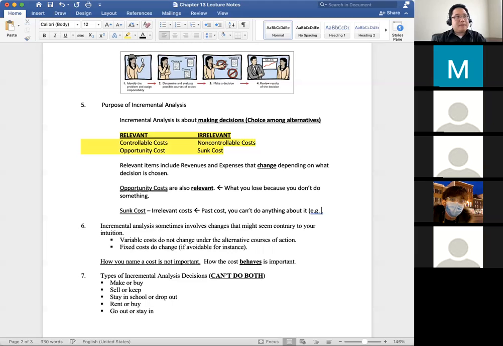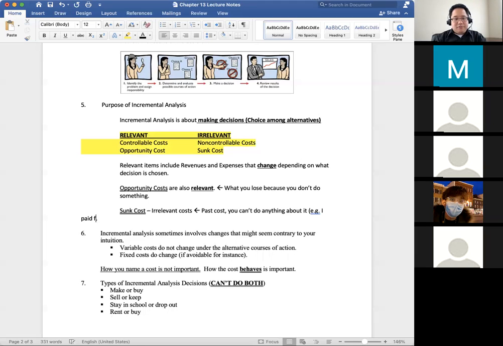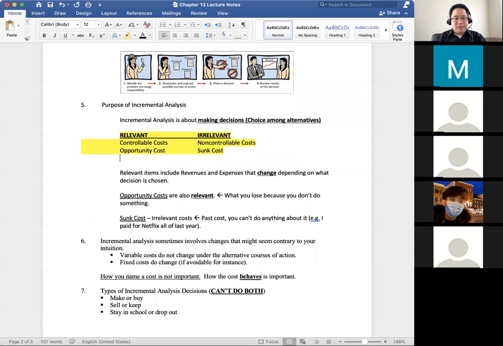Right? So an example of a sunk cost would be, I paid for Netflix all of last year. Okay, that money is gone. Netflix is not going to give me my money back. That's a sunk cost. Okay? So sunk costs are irrelevant. Okay, so in other words, relevant costs are controllable.